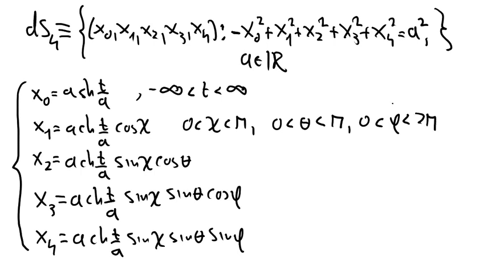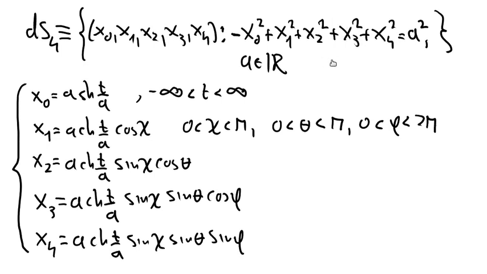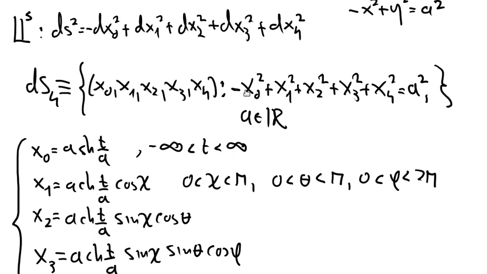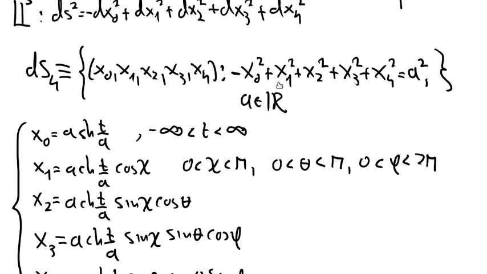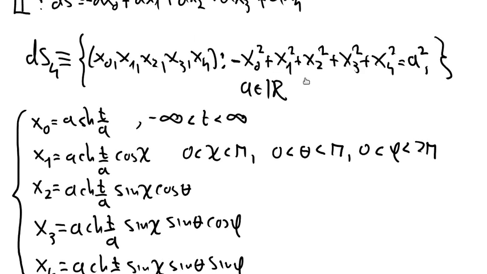This is because the topology of this set, this hypersurface regarded as a set embedded in 5 dimensions, is a codimension 1 hypersurface, and its topology is S3 cross R.